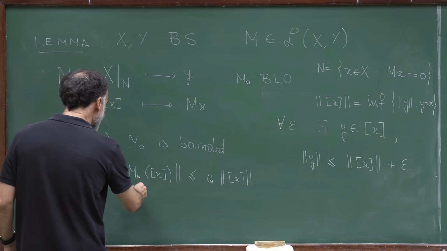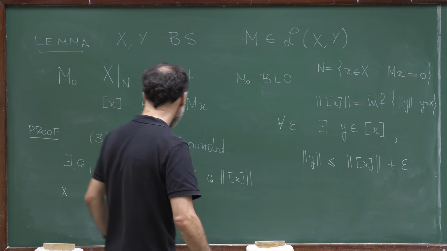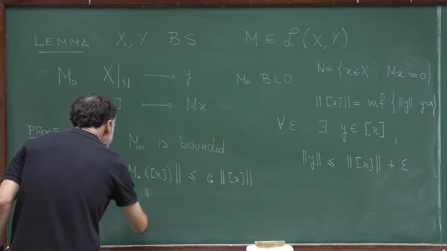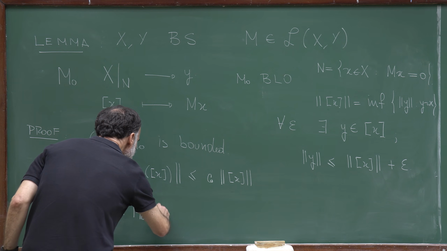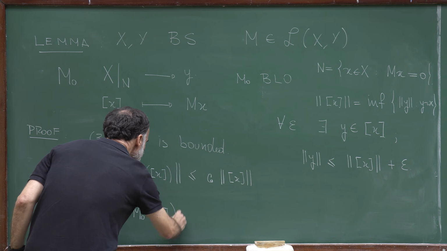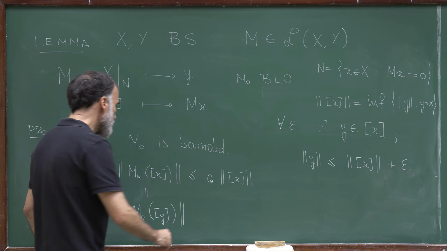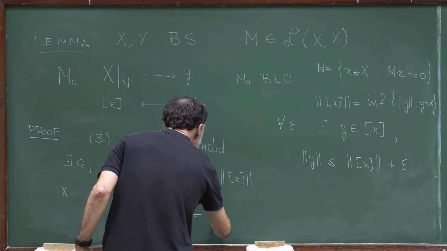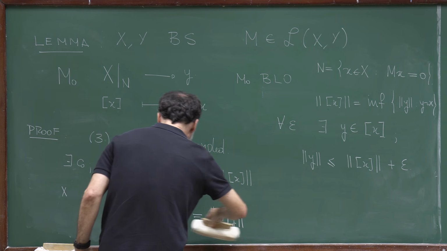Well, since y belongs to the equivalence class of x, M0 of the equivalence class of x is equal to M0 of the equivalence class of y, but this is equal by definition to M of y.